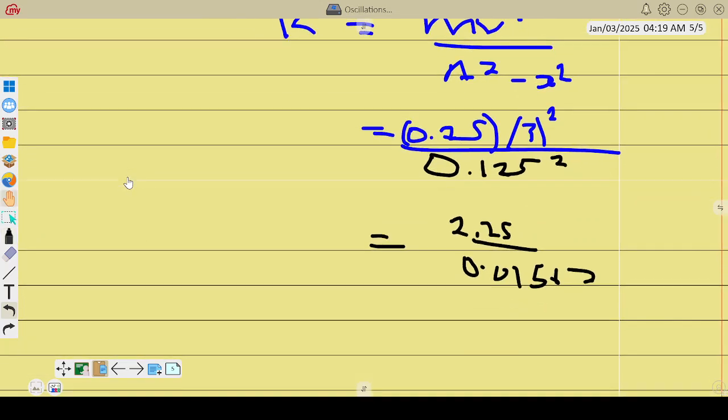Then we divide, and the spring constant we get is 144 newtons per meter. So this was the value of k.